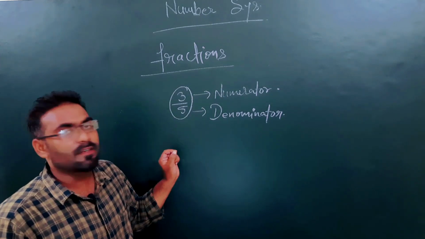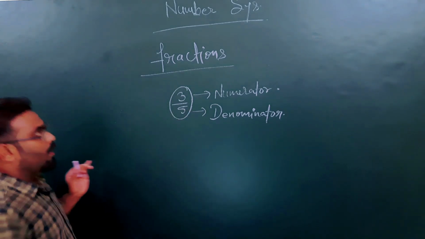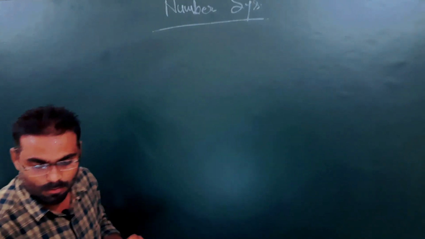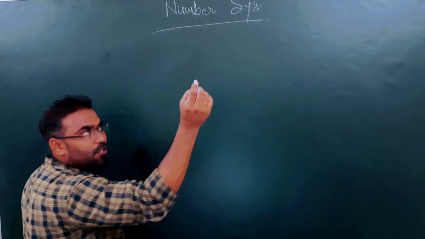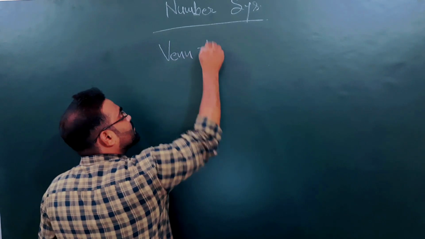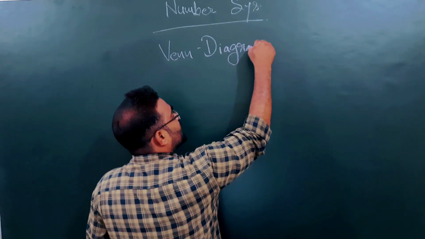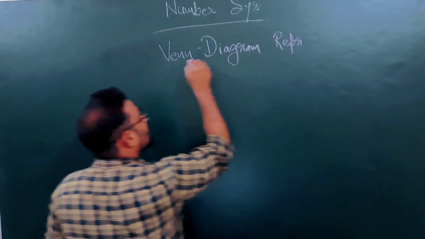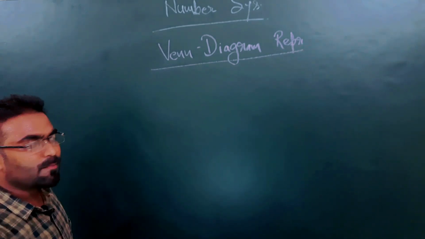But now the thing is very important, because, look, this is the Venn diagram representation. And trust me, this is the most valuable part of this lecture.